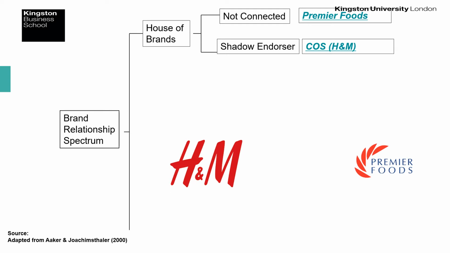Premier Foods has a very wide range of brands in the food products category, such as Bird's Custard and Bisto Gravy Powder and Angel Delight Instant Desserts and Saxa Salt and many others. There's absolutely no relationship between them at all.